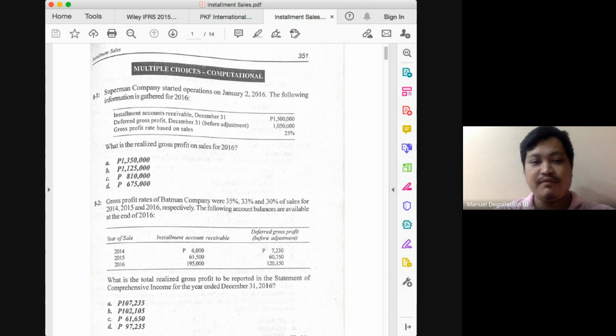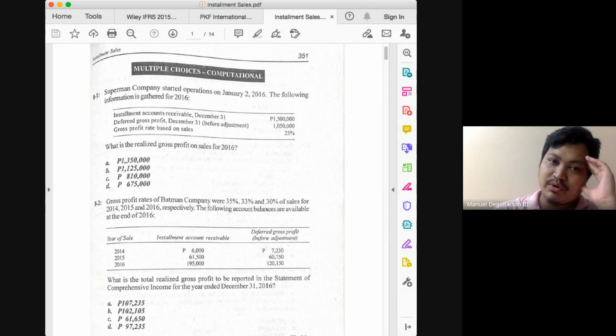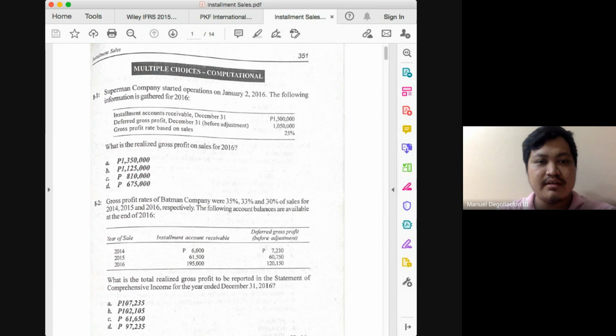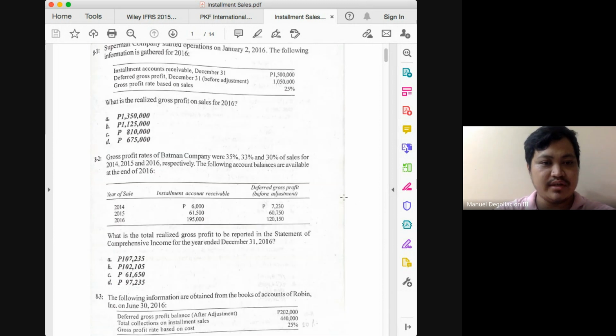You will have a difference of 2,700,000. And that means there was a collection on our receivables in the amount of 2,700,000. From 4,200,000, it was reduced to 1,500,000 because of a collection. Okay, and if our collection is 2,700,000, you multiply that with our gross profit rate of 25%, we would still arrive at 675,000.